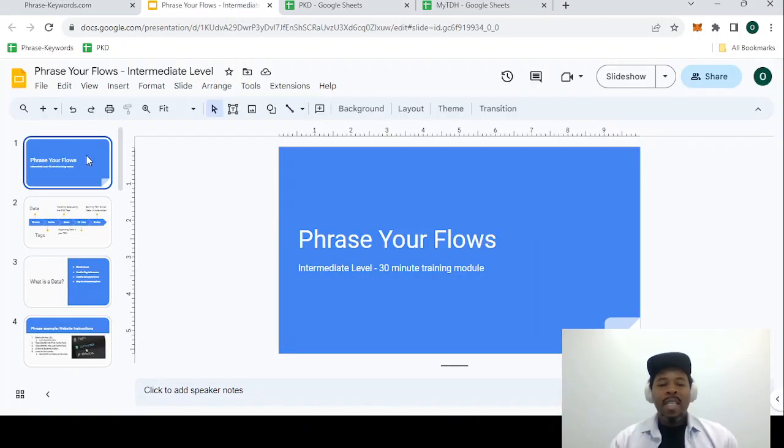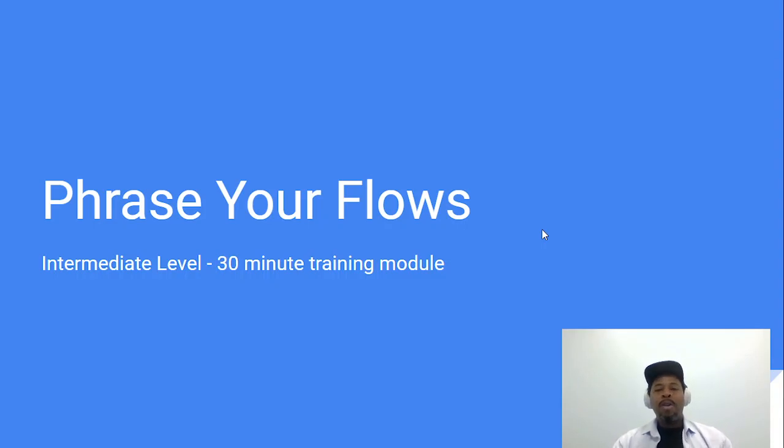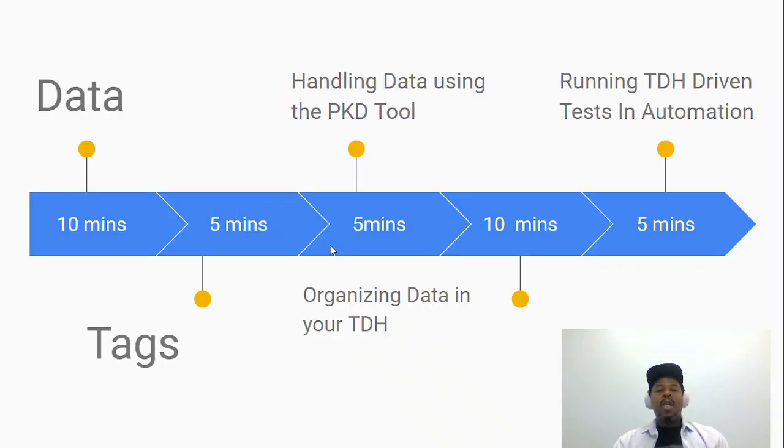So once again, this is the Phrase Your Flows intermediate level 30-minute training module. What we're going to cover in this presentation, and we might go a little over 30 minutes, but hopefully we won't, is the data. We're going to cover the usage of tags. That should take about 15 minutes. And then we're going to cover the topic of handling data using the PKD tool.